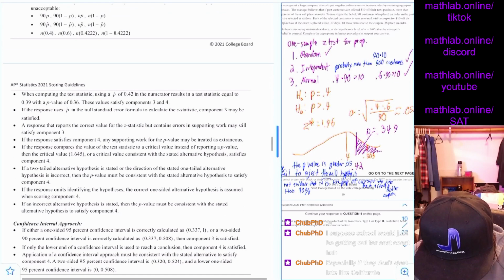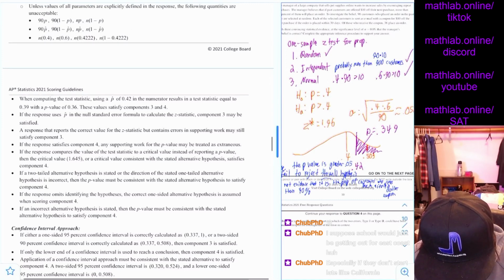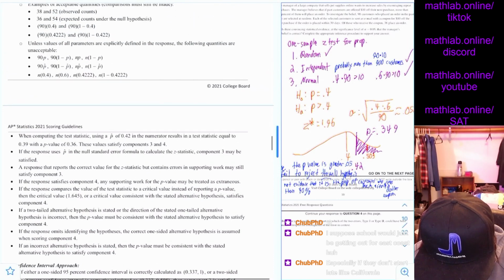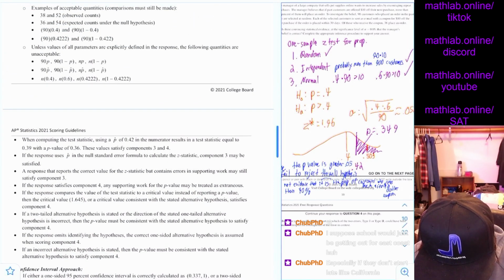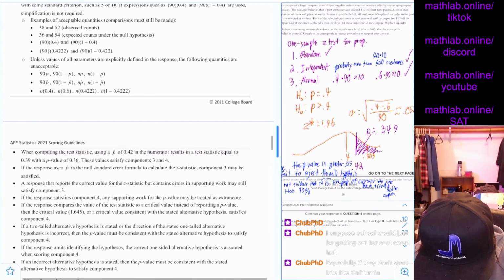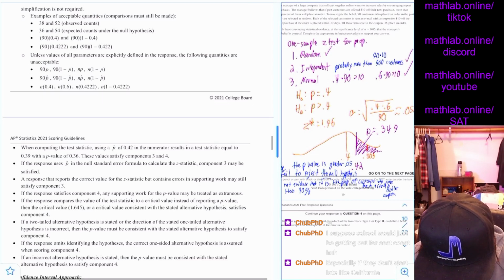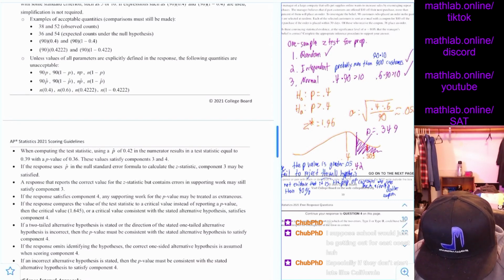How do they get 0.524? When computing the test statistic using a p-hat of 0.42 in the numerator results in a test statistic equal to 0.39 with a p-value of 0.36.